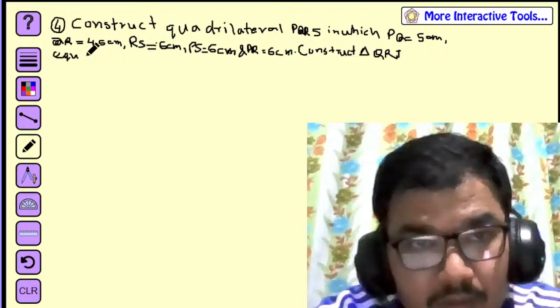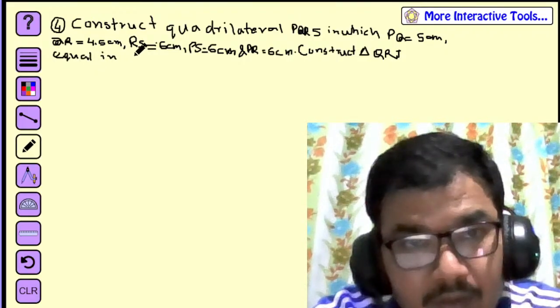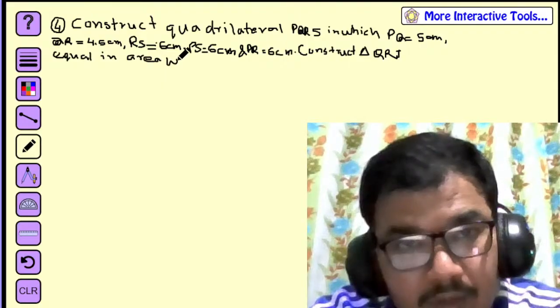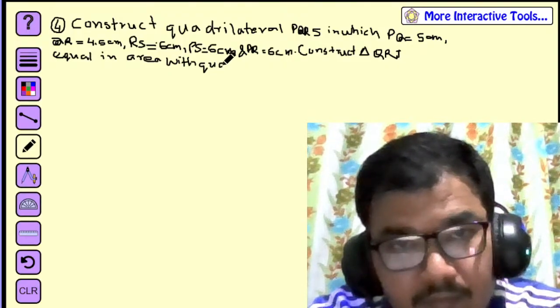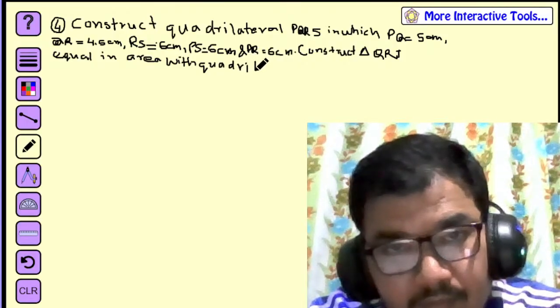Equal in area with quadrilateral right here, okay? Like this.